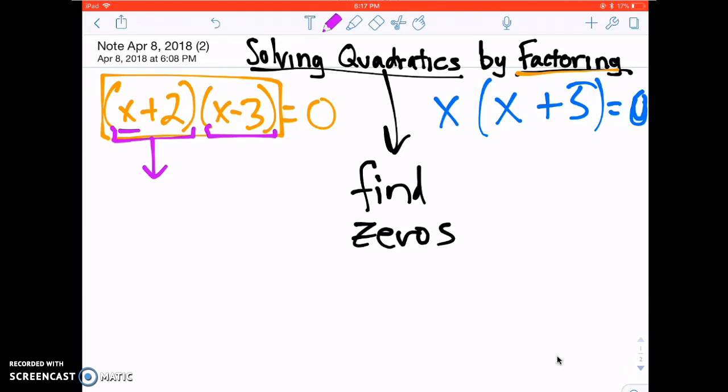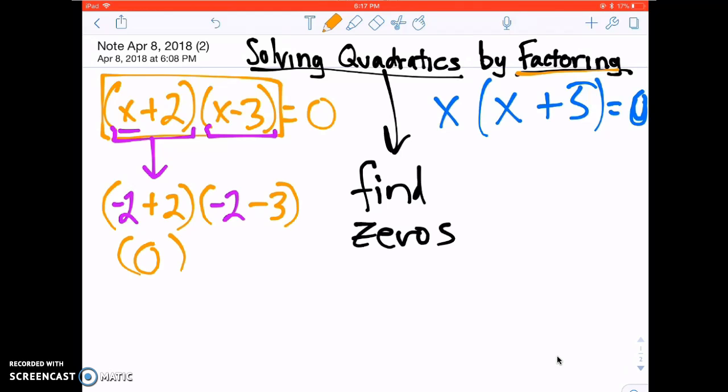Well, this is x plus 2, right? So what if we plugged in negative 2 for x? Then it would be negative 2 plus 2. And we'd also have to plug in negative 2 here, so we do negative 2 minus 3. In this first one, negative 2 plus 2 is 0.